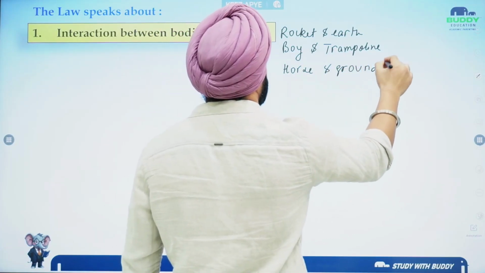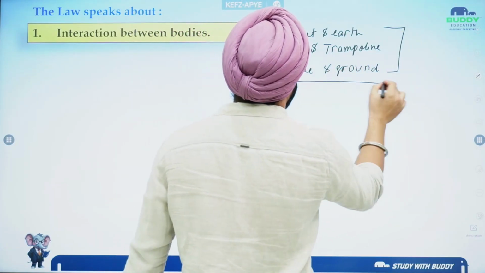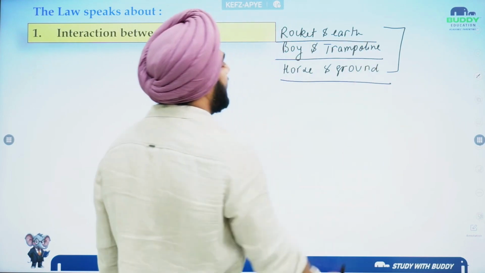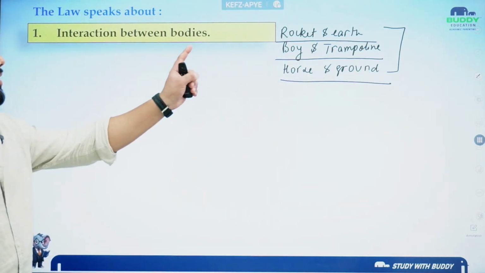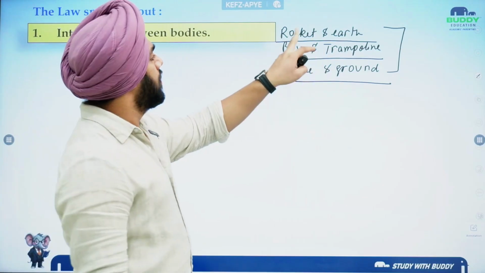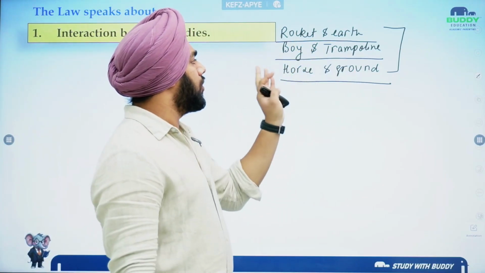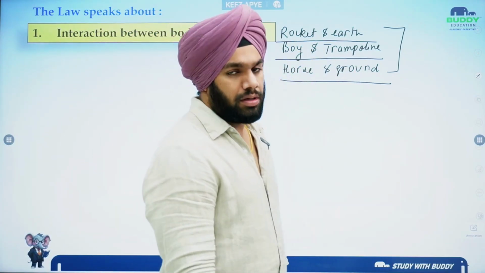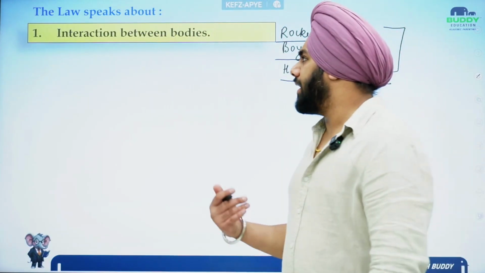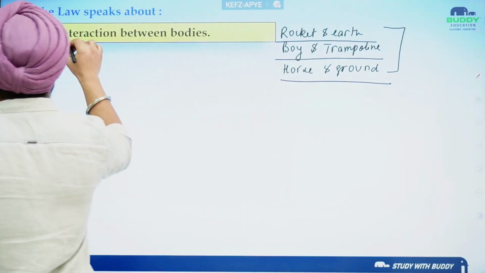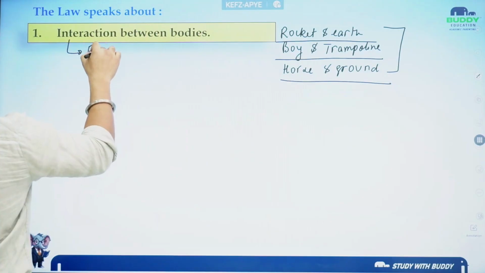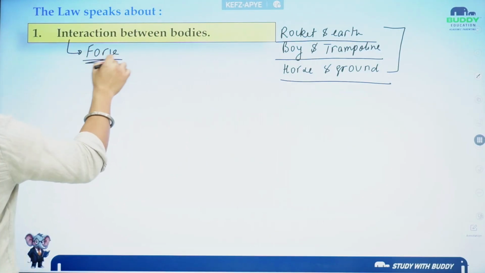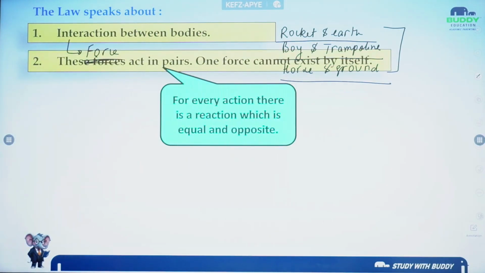So this law basically talks about two bodies interacting with each other. Rocket is interacting with the earth surface, boy is interacting with the trampoline, and horse is interacting with the ground. Interaction here means the force.